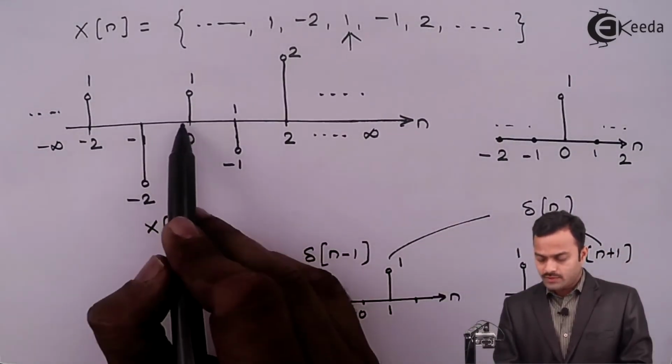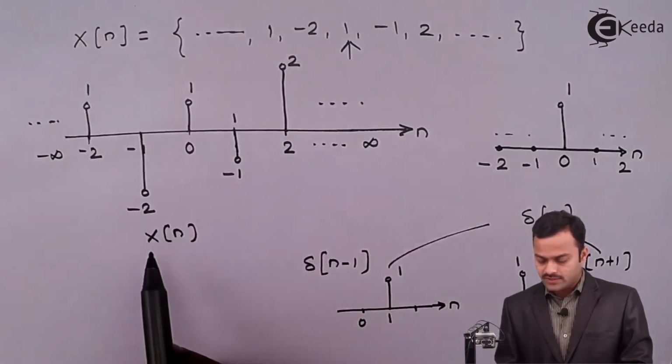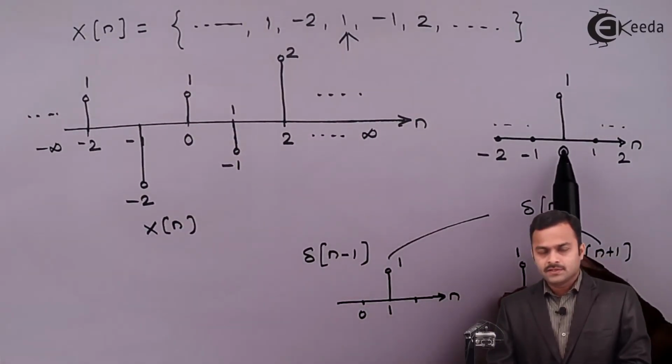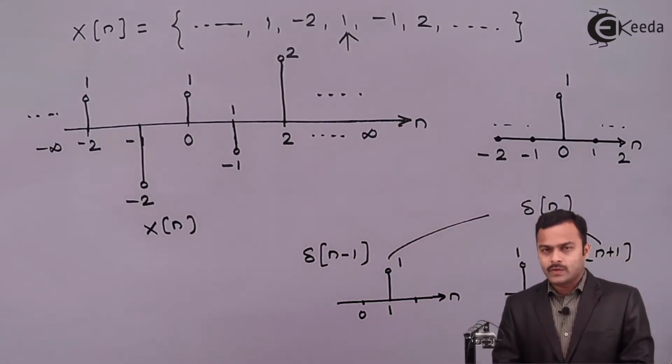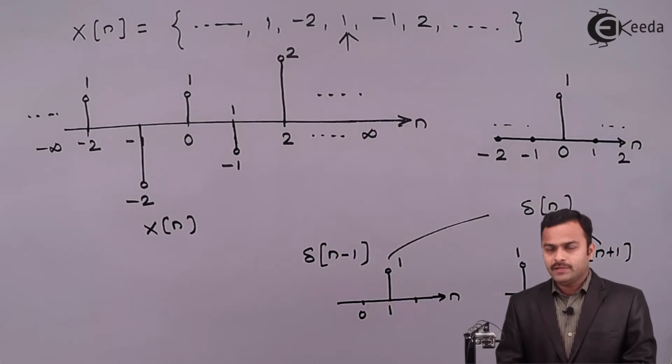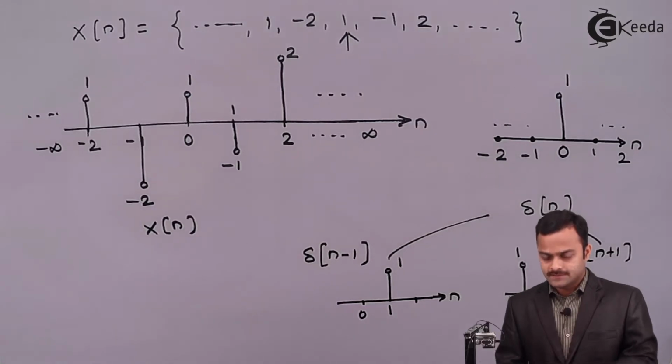Only the value present at n equal to 0 for x of n will be displayed. In the end, what I can say is any sequence x of n can be represented as a sum of shifted impulse functions.